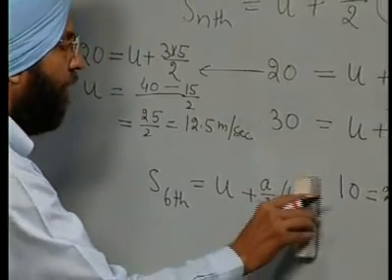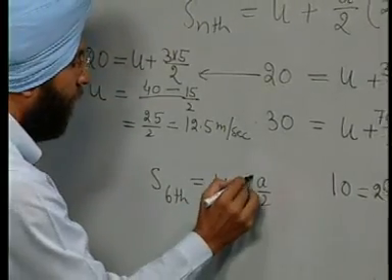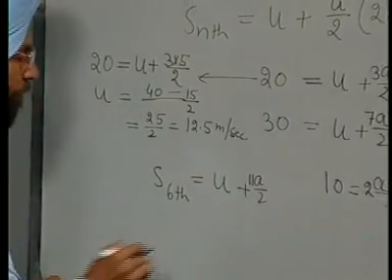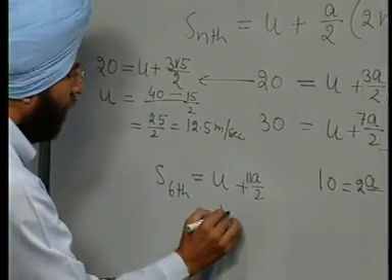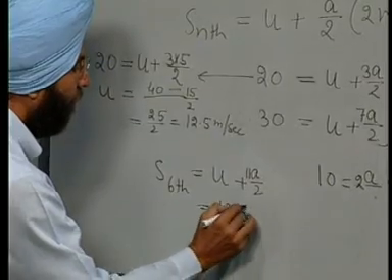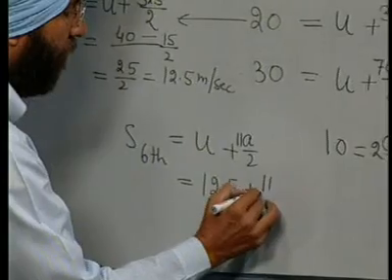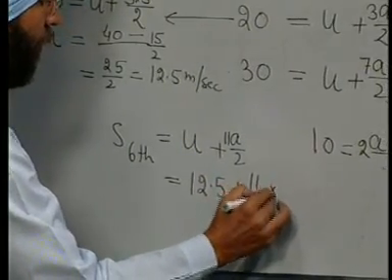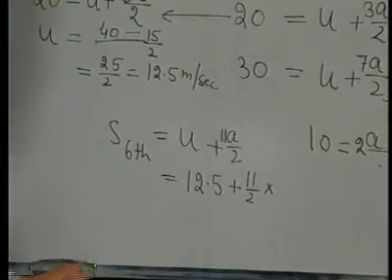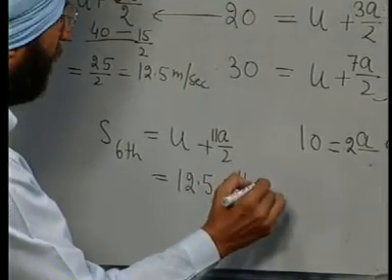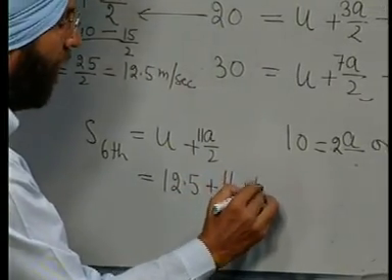So, we have u equal to 12.5 plus 11/2 into a, which is 5.